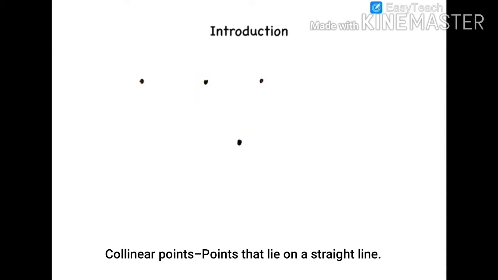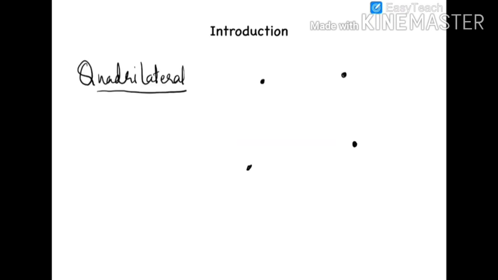If no 3 points are collinear, as shown over here, then on joining these points, we will get a 4-sided closed figure. So a figure formed by joining these points in an order that are lying on a plane is called as quadrilateral.